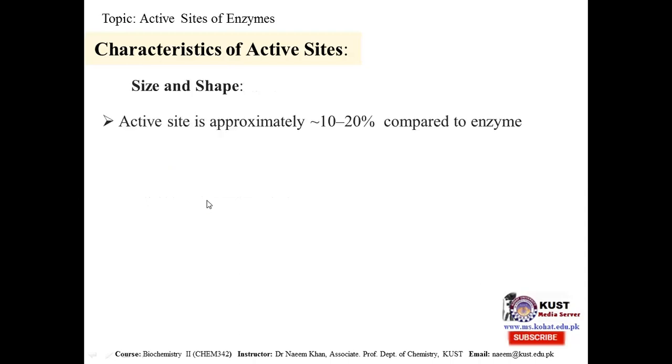Second is the shape and size of the active site. It must be noted that the active site is very small compared to the total size of the protein. Approximately, the active site is 10 to 20% of the size of the protein. So it's a very small part, and its shape may be in the form of a crevice or cleft.